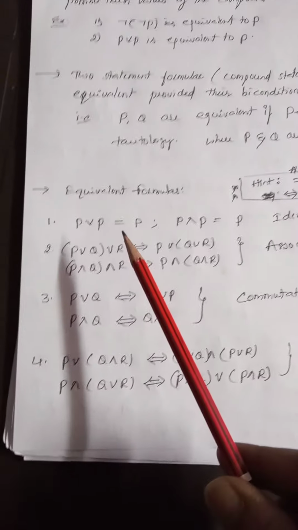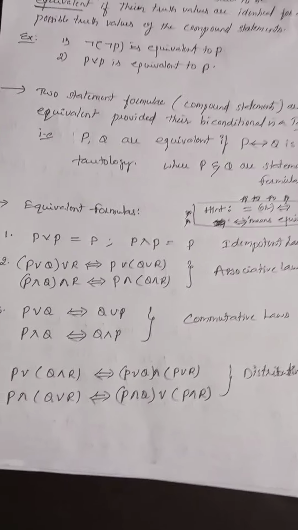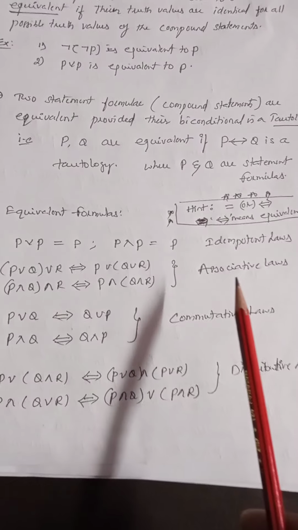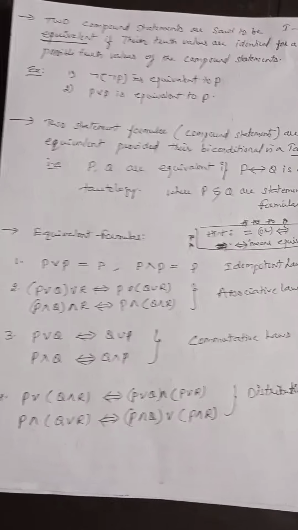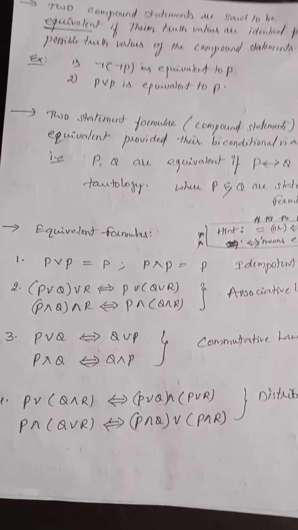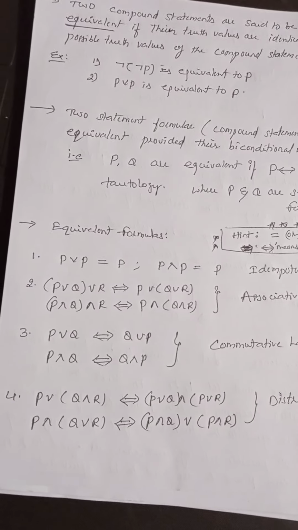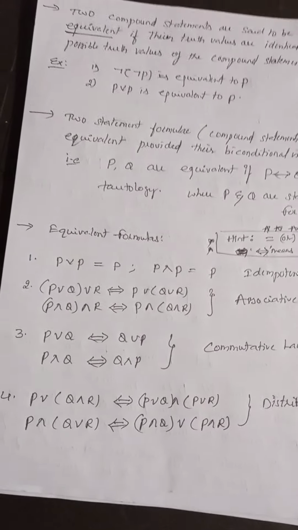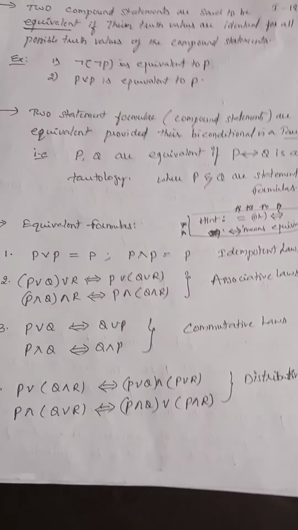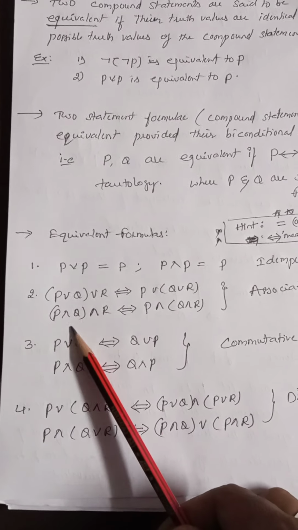Now, P or P, P and P is equal to P. These are called idempotent laws. Now, this is called associative law. You know, A plus B plus C is equal to A plus B plus C. In the case of multiplication, A into B into C is equal to A into B into C. That is called associative law. Here, the symbols are the OR symbol and the AND symbol.